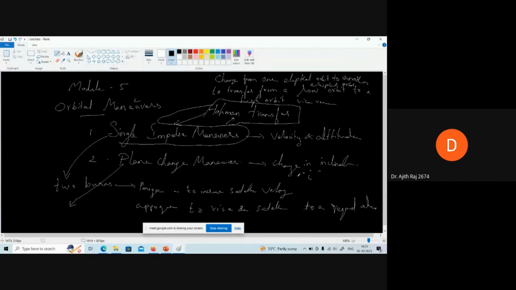You again will be using the propulsive unit to change the del I value, which is the angle between the Earth's equatorial plane and the satellite's orbital plane, which is nothing but I. And plane change maneuvers are used to change this inclination angle. So these are the two types of maneuvers we are dealing with.